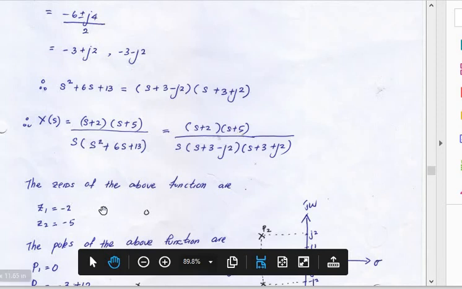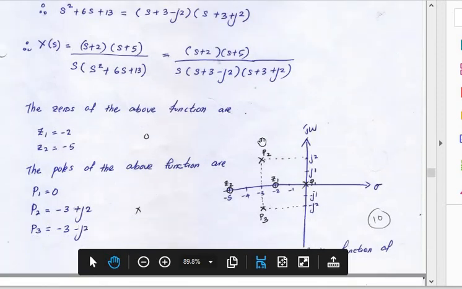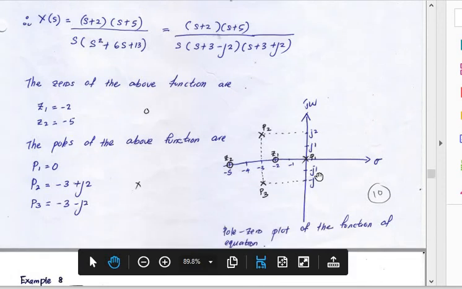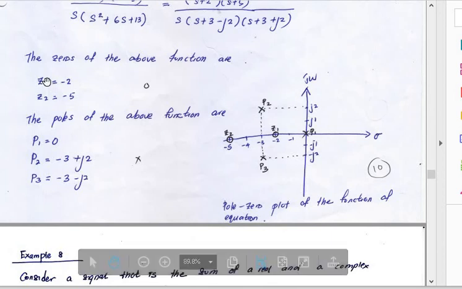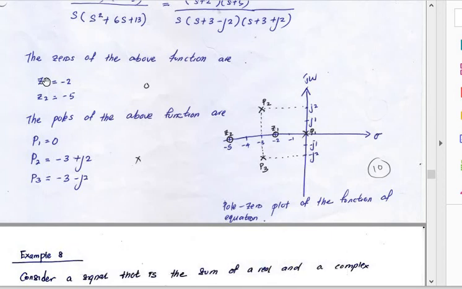So these are the zero values that you can plot in the S-plane. This is the S-plane. Zeros use the symbol of a circle, and poles use the symbol of a cross. So Z1 is here at negative 2, and Z2 at negative 5.